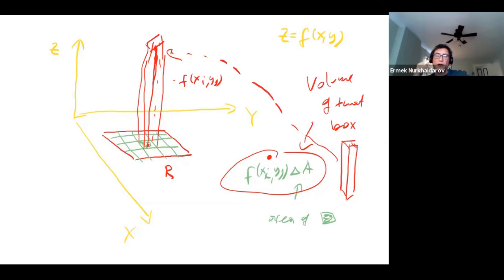In calculus 1, we got an approximation to the area under the curve, approximated by rectangles. Here we get an approximation to the volume under the surface, approximated by the volumes of rectangular boxes. Okay, so that's the idea. I'll move on to the next page and write down what we get.